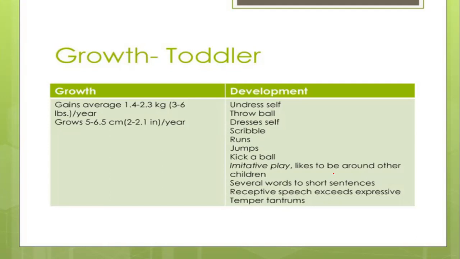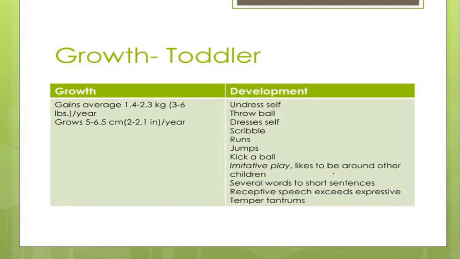As you can see, the development is much more complex. This person can undress and dress him or herself, throw a ball, scribble, run, jump, and kick a ball. There are more complex movements, right?